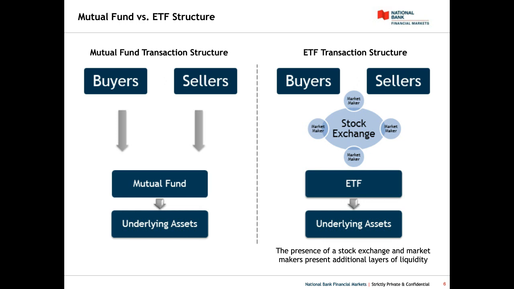Note that in the U.S., these market makers are called authorized participants. So if you listened to the 101 last week, you heard that term being used because these are the entities who are authorized to create and redeem. Whereas in Canada, and for the purposes of this webinar, we'll simply refer to them as market makers. The key takeaway from this transaction structure diagram on the right side is that for ETFs, there are additional layers of liquidity, which we will discuss.